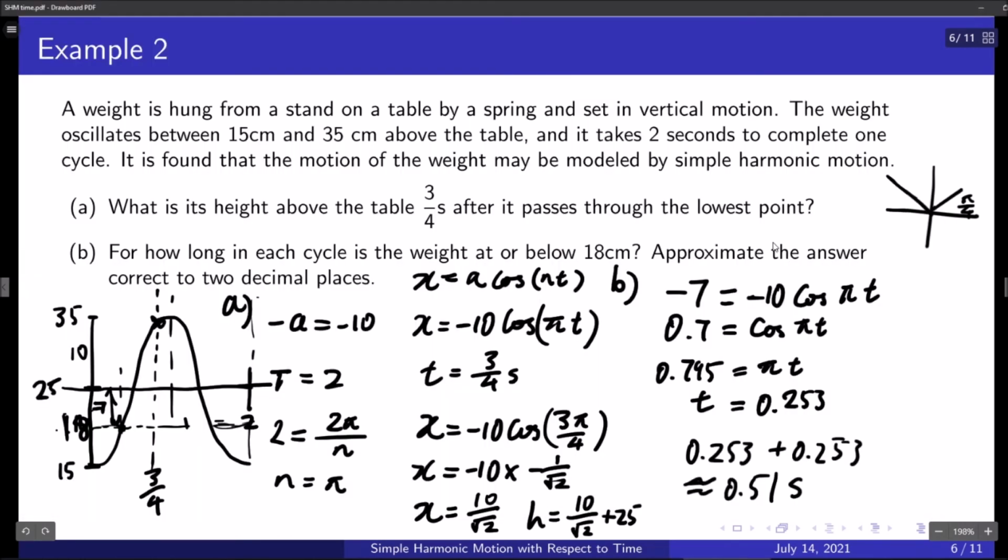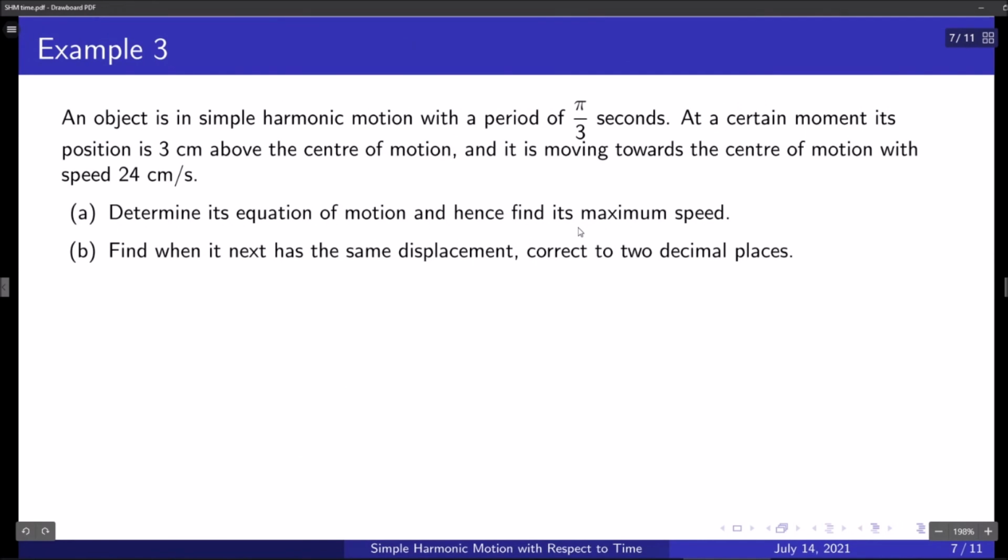Okay, let's look at the next one where we start to involve the velocity of the motion. An object is in simple harmonic motion with a period of pi over 3 seconds. At a certain moment, it's positioned at 3 centimeters above the center of motion, and it is moving towards the center of motion with speed of 24 centimeters per second.